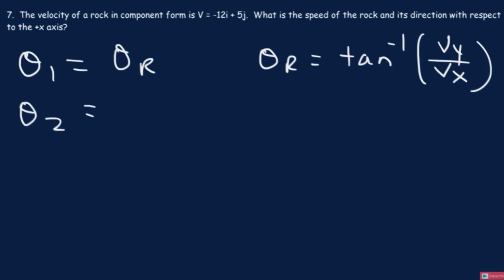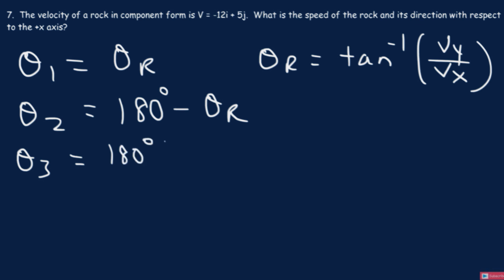If the triangle is in quadrant 2, like what we had in our example, it is going to be 180 minus the reference angle. If it is in quadrant 3, then the angle relative to the positive x-axis is going to be 180 plus the reference angle, and in quadrant 4, it is going to be 360 minus the reference angle.